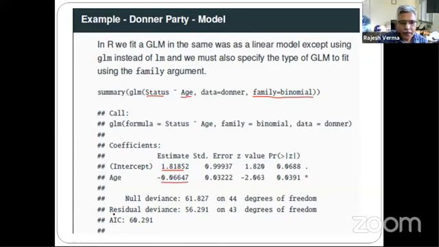For assessing the significance of the model, we have Akaike's information criterion. This score should be minimum for a better model. Suppose we add another variable to a pre-existing variable in the model, then this AIC score should decrease. It is analogous to the adjusted R-square parameter in multiple linear regression, right?